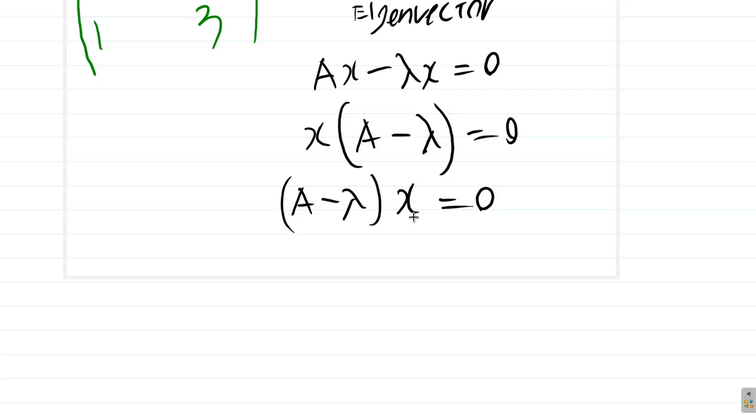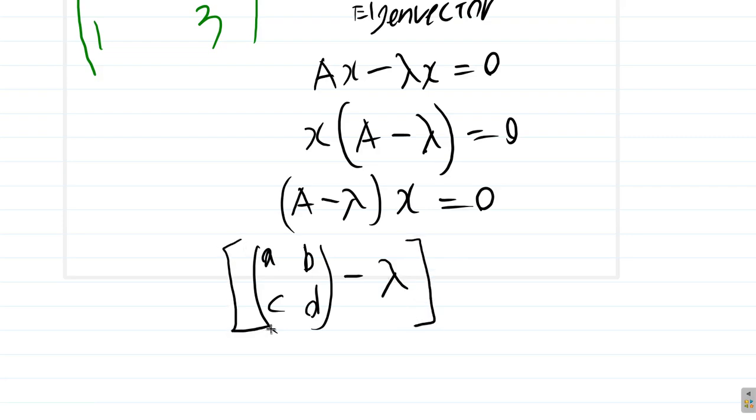Now writing these out in the general shape, A would be a 2 by 2 matrix, since we're dealing with 2 by 2 matrices here: A, B, C, D, minus lambda, which is a number, times x, which would be x, y, equals 0. But guess what now?